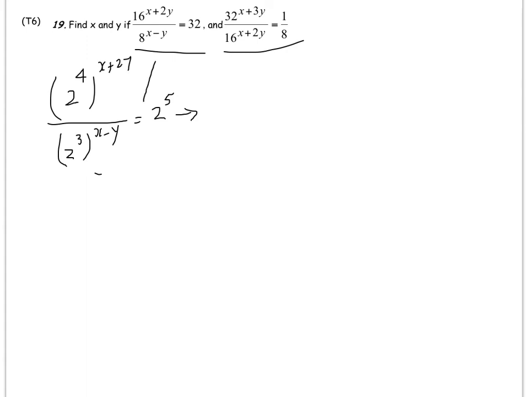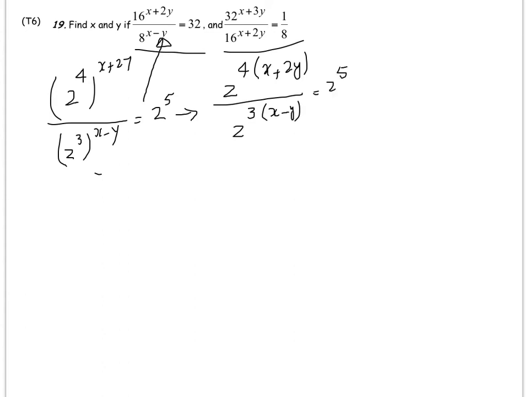Now, power to power, I multiply the exponents, so I get 2 exponent 4 times x plus 2y divided by 2 exponent 3 times x minus y is 2 exponent 5.